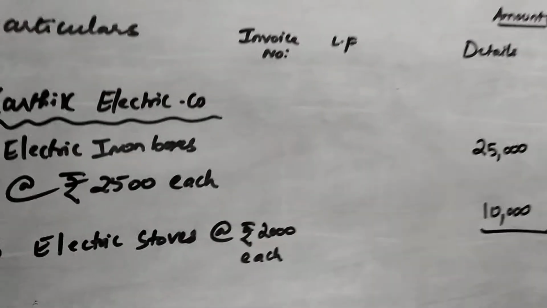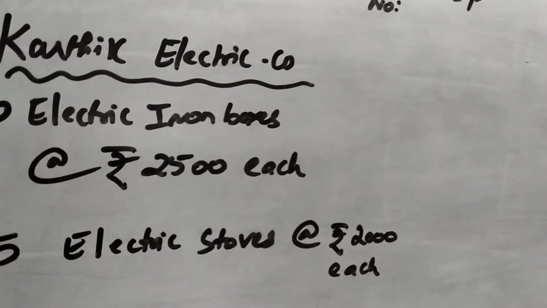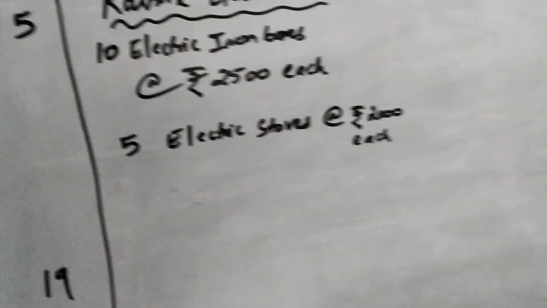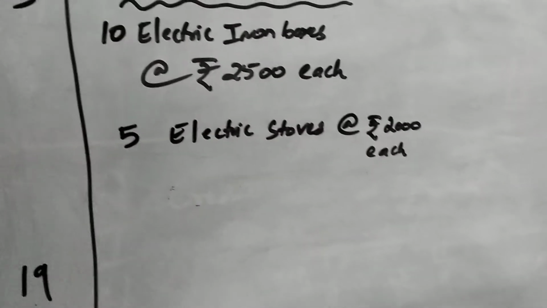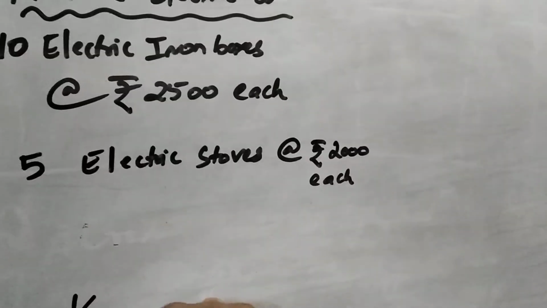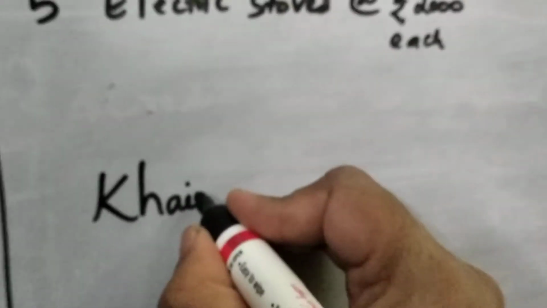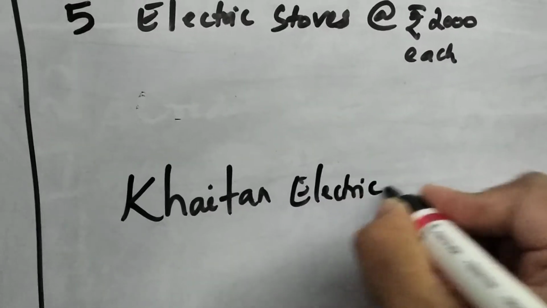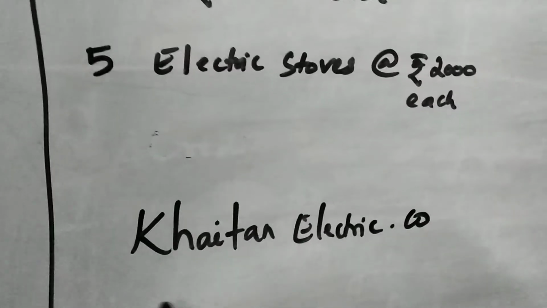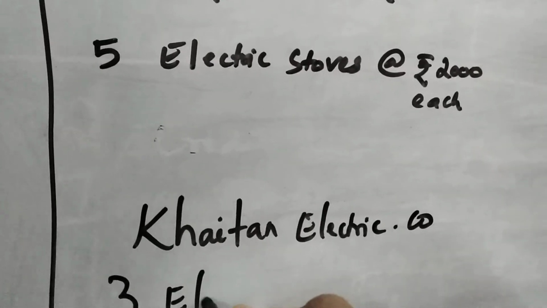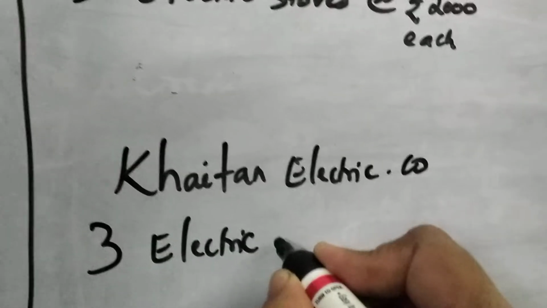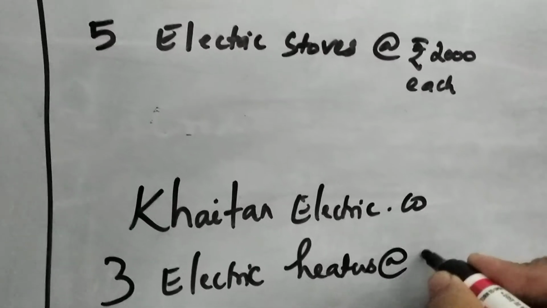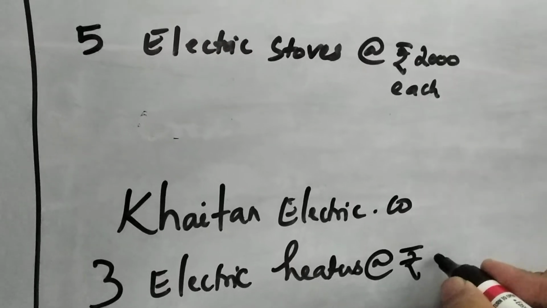The next one, on 19th of April. So 19th, Ketan Electric Company. 3 electric heaters at Rs 6000 each.